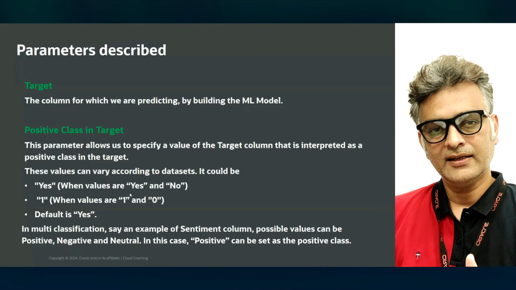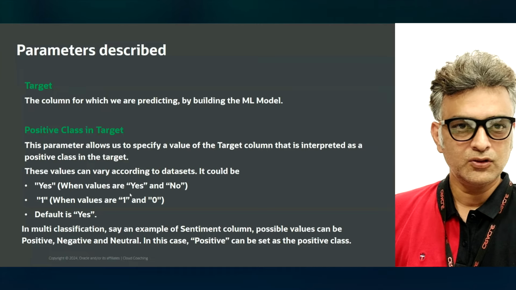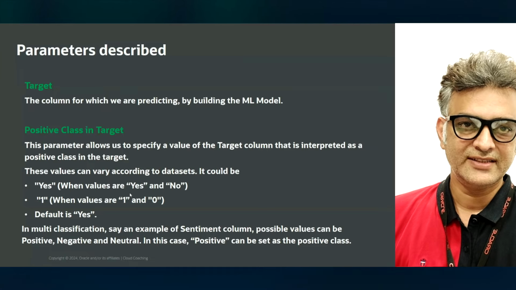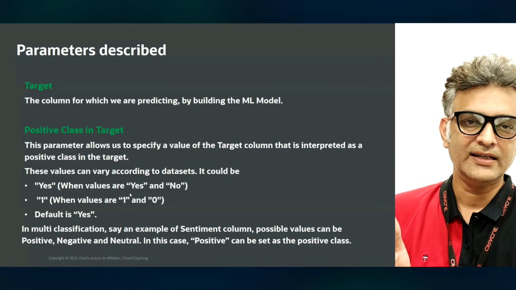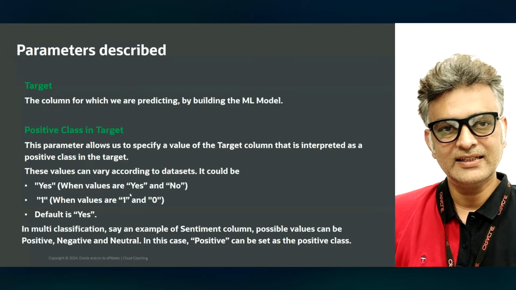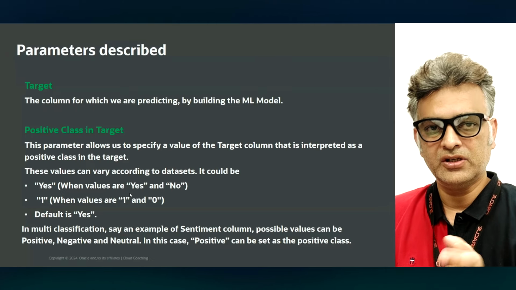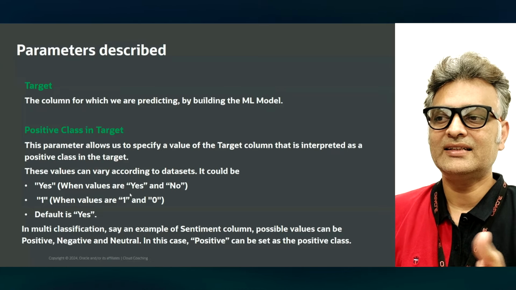Now, if you are doing multi-classification, a column will have more than two values. Let's take sentiment analysis, where you want to identify the emotion of a tweet, and the emotion can have three values: positive, negative, and neutral. Out of these three values, which one is the positive value in the target class? That's how you will set this parameter.